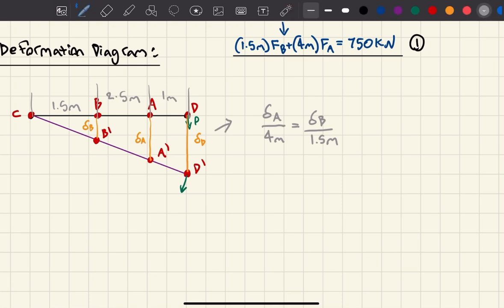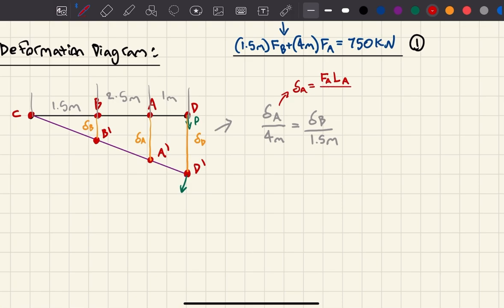Do I know the deformation of A? Let's branch off a bit. Well, yes, I do. It's simply my force, Fa, multiplied by my length. What is my length? Well, it's just the length of my bar A, right?